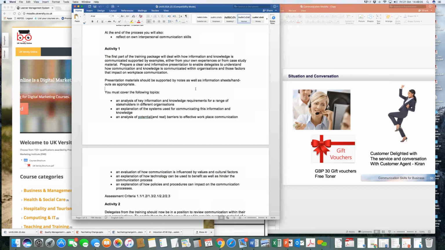Obviously you will not be able to pick the contemporary model or Aristotle's model, because it's a training scenario wherein the trainer is delivering the training. You'll have to pick the model wherein the trainer is doing public speaking, but at some stage invites feedback from the people within the hall, and those information handouts and sheets will allow you to use the most appropriate model of communication to do these tasks.